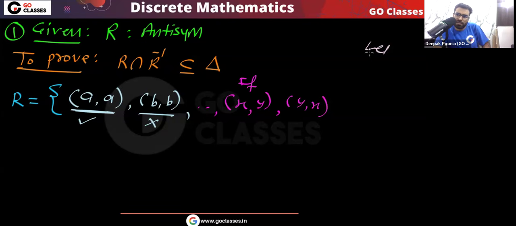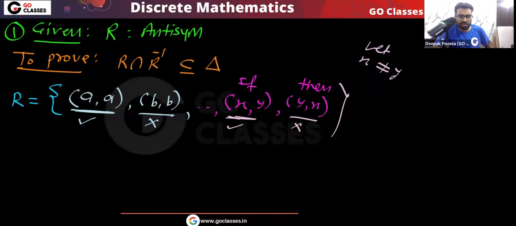So if this is there, then this will not be there. This is how your relation R will look, because R is antisymmetric.